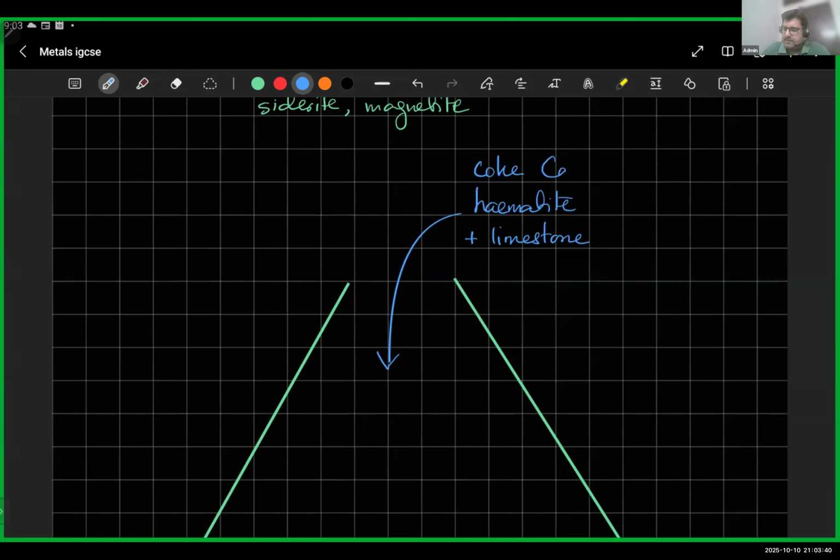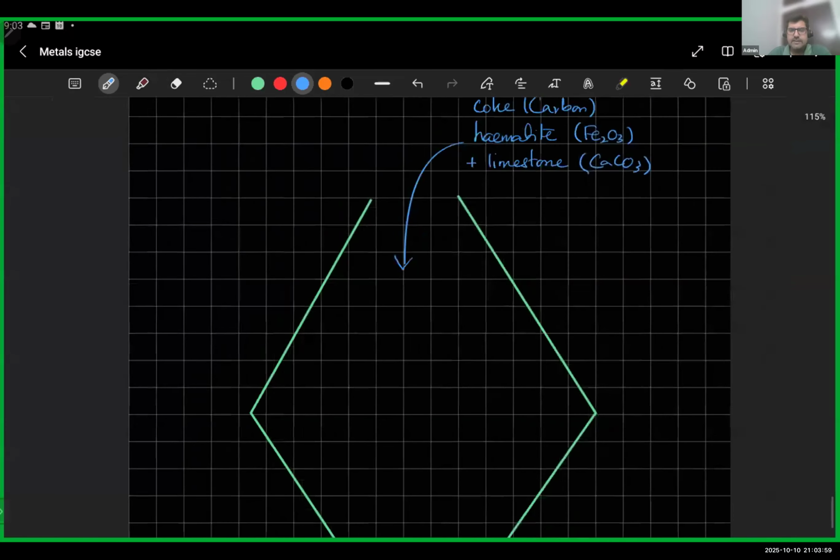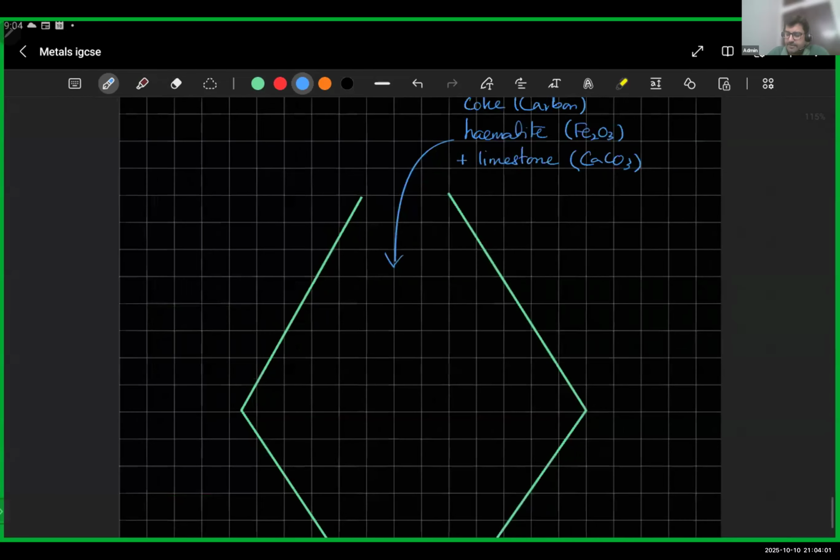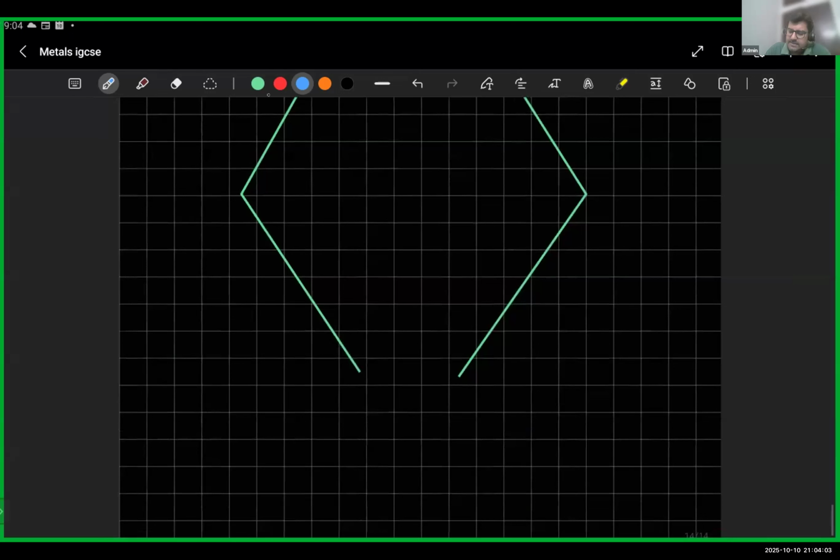Coke is basically a type of coal that's got a lot of carbon in it. Hematite is your Fe2O3, the red brown rocks I showed you. And limestone is calcium carbonate. So 3 raw materials are added from the top. There's one raw material that's blasted from the bottom.